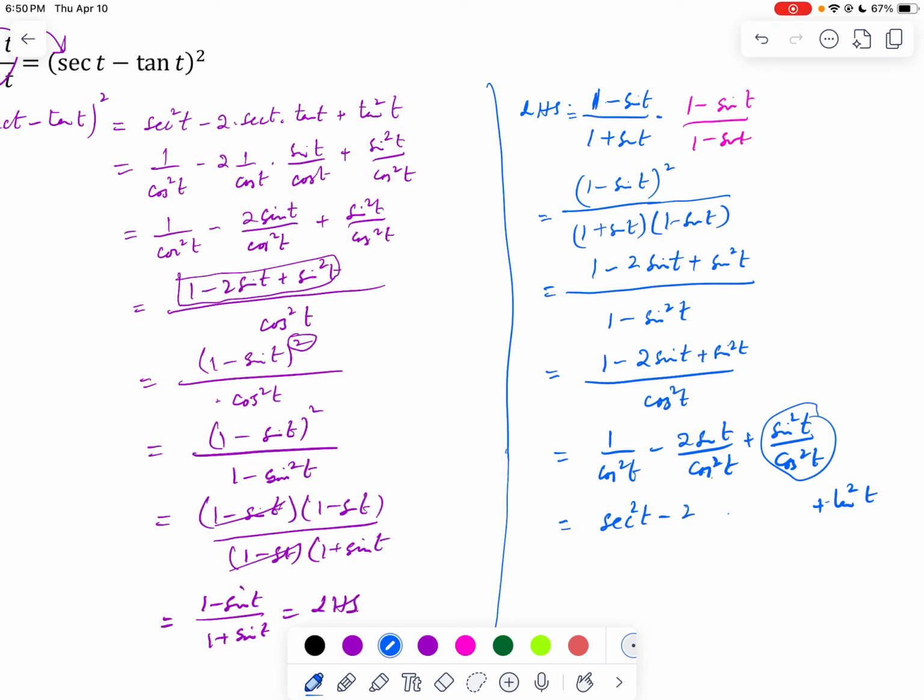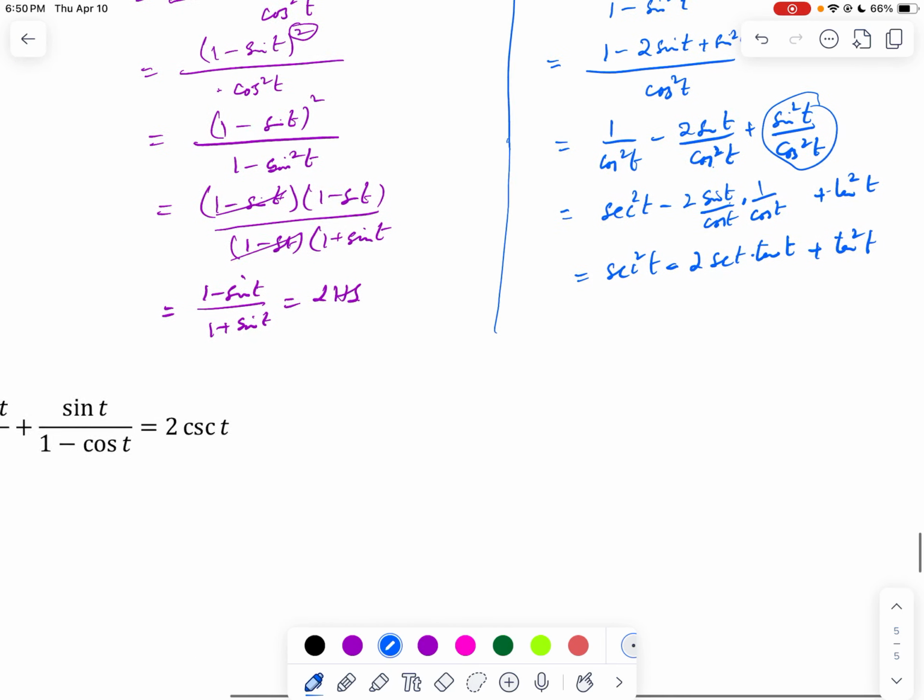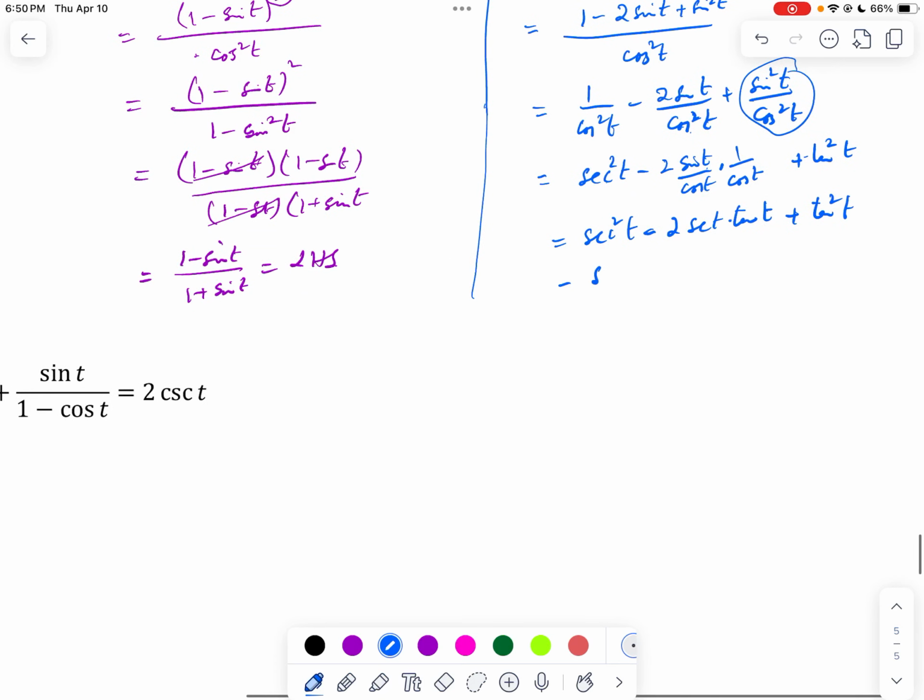So we can have 2 times sine of t over cosine of t times 1 over cosine of t. So now secant square t minus 2 times secant t times tangent t plus tangent square t is equal to secant t minus tangent t whole square, and that's what we wanted to show.